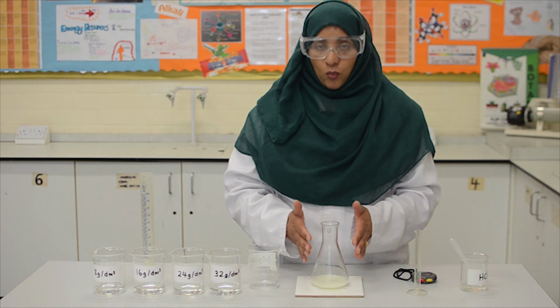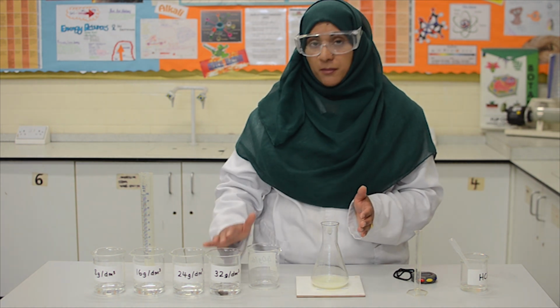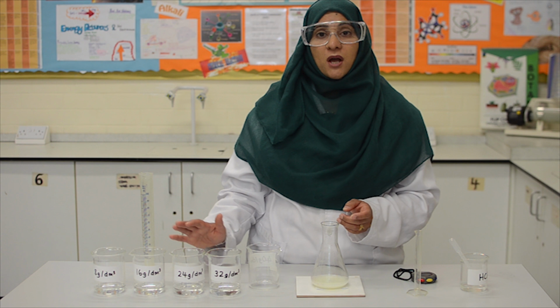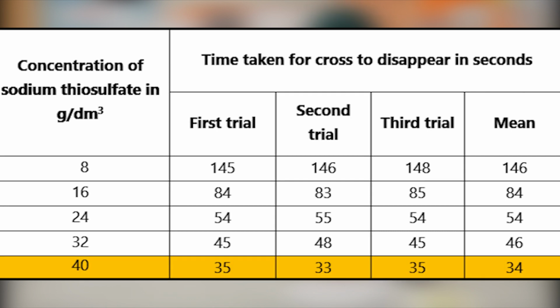We need to then wash out the conical flask and repeat this procedure with the remaining concentrations of sodium thiosulfate solution. Our results support our hypothesis. They show that when we increase the concentration of sodium thiosulfate, we increase the number of sodium thiosulfate particles, which result in more frequent collisions and increases the rate of the reaction, as seen for the 40 gram per decimeter cubed concentration.